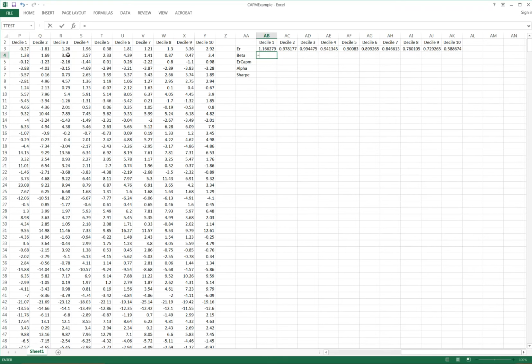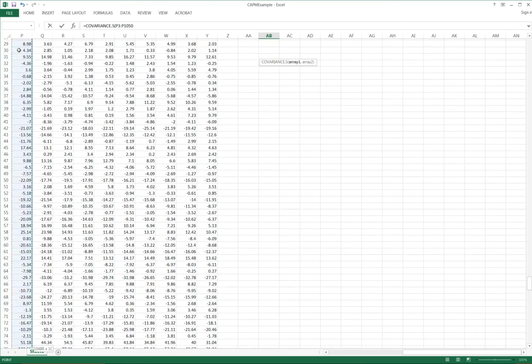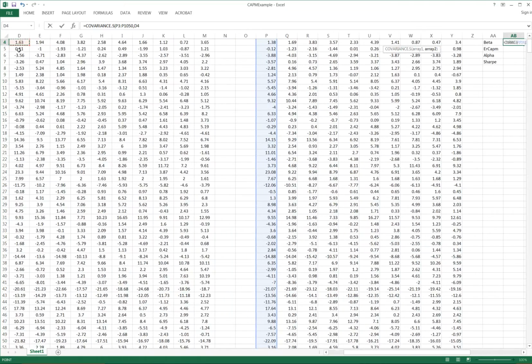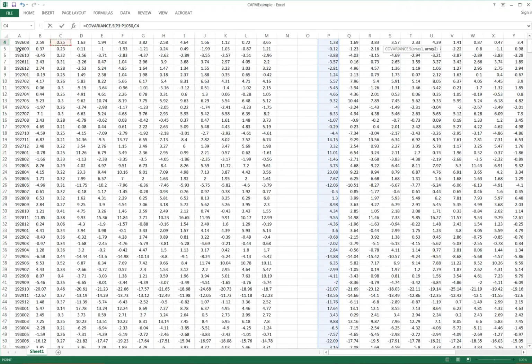The beta is just like in the notes. Here I'm going to calculate the covariance of the excess returns on the asset with the excess returns on the market proxy, divided by the variance of the excess returns on the market proxy. So I'll put in the formula, covariance.s of my asset, and then zip over to my market excess returns, which is all the way back over here.